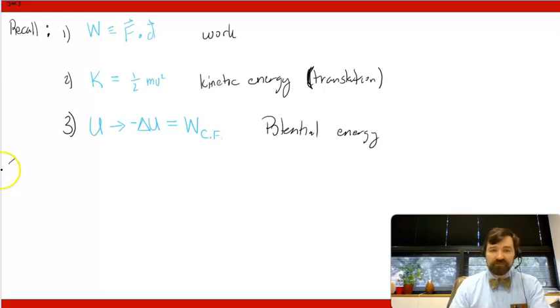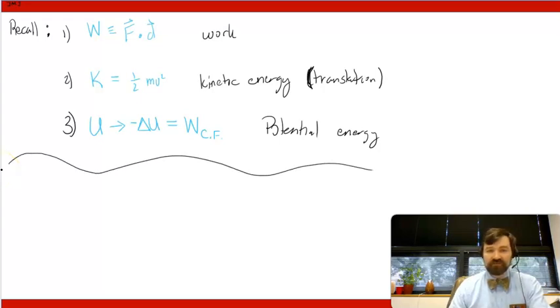So we can basically put these 3 points together to define what's essentially the total mechanical energy within a system. We might say E mechanical, or E sub m for mechanical, which is potential energy plus kinetic energy in the system.